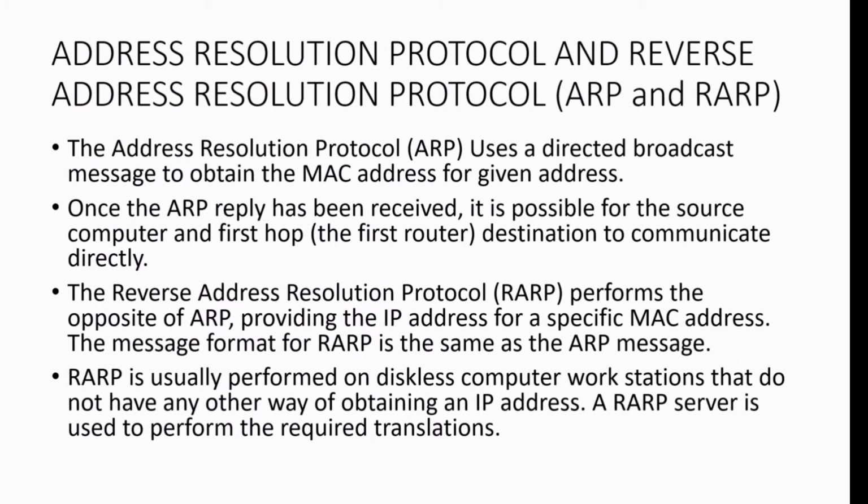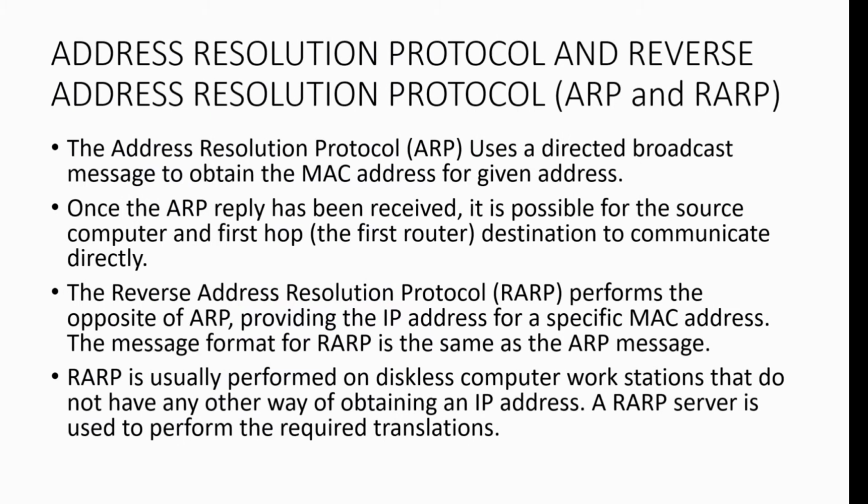The Reverse Address Resolution Protocol performs the opposite of ARP, providing the IP address for a specific MAC address. The message format for RARP is the same as the ARP message.